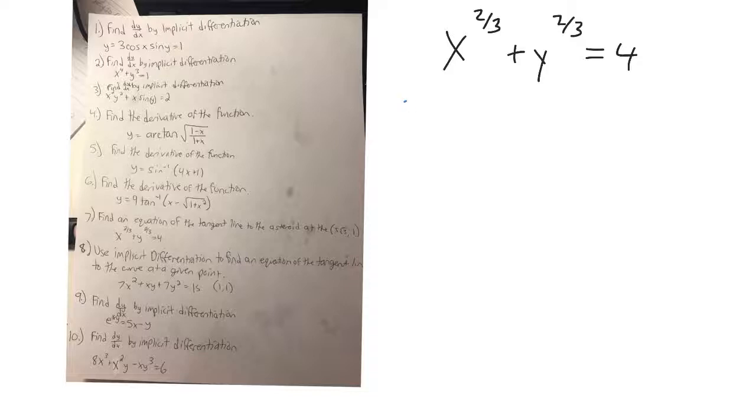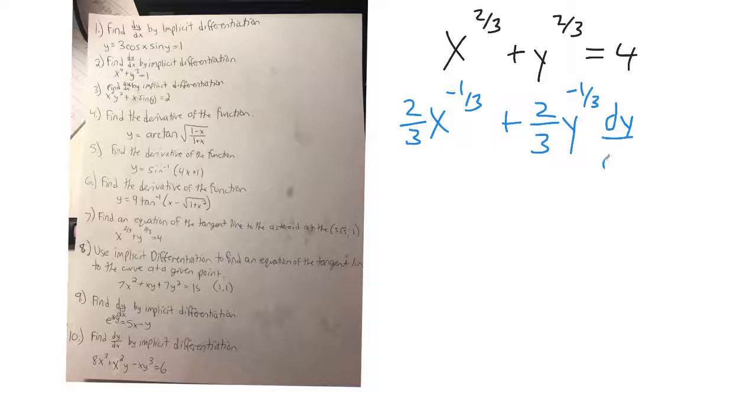And implicit differentiation would have us call this. All right, and I'm going to hope that my student understands what's up with that. So we want to isolate the dy over dx. We could subtract 2/3 x to the negative 1/3 from both sides.